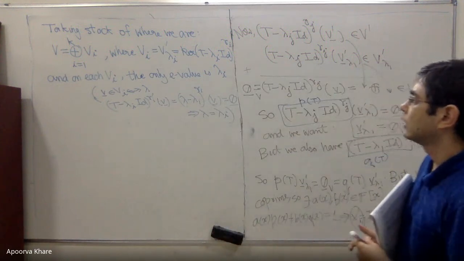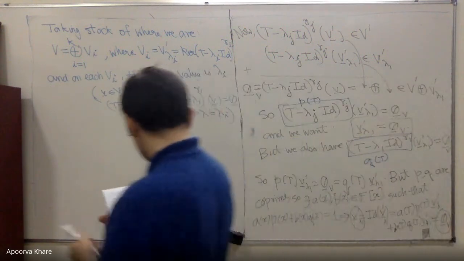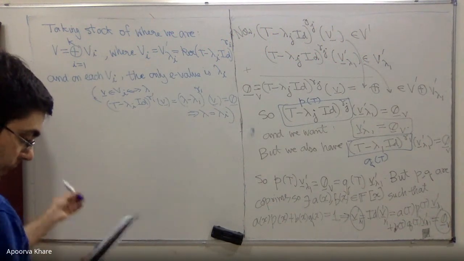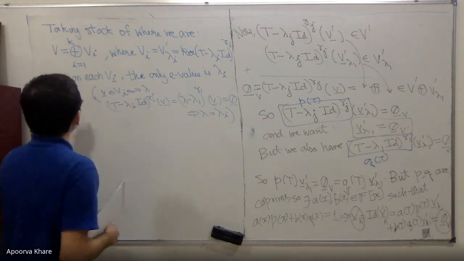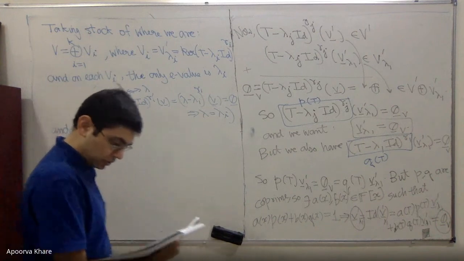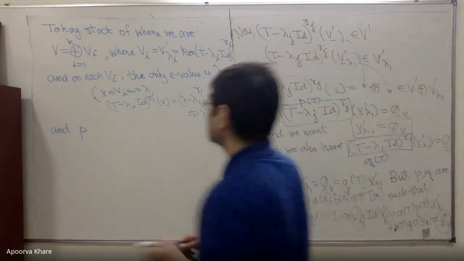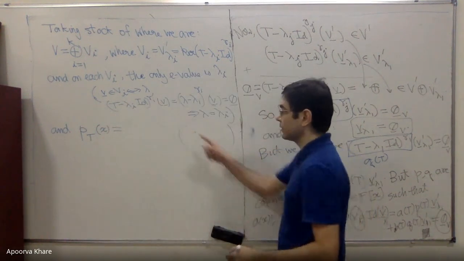What else do we know? Moreover, we also know, because each of these subspaces is T-stable, so I should have mentioned this earlier also, the characteristic polynomial P_T(x) on the full space, the same way, you write down the block diagonal matrix for each V_i.